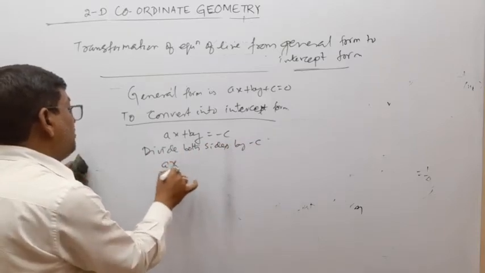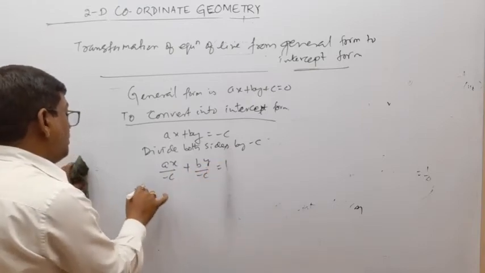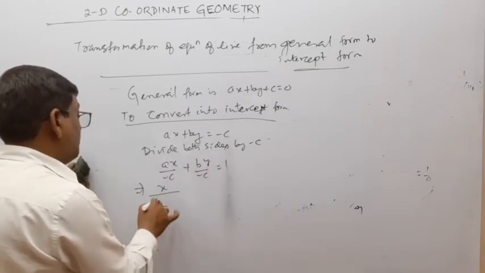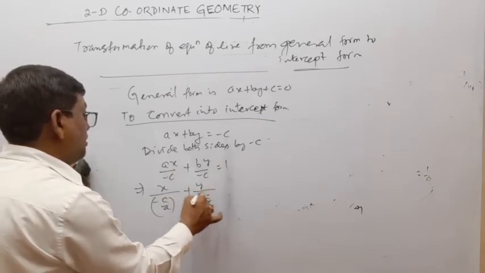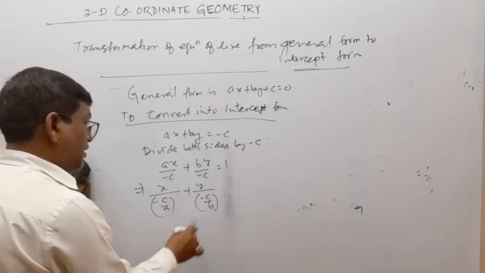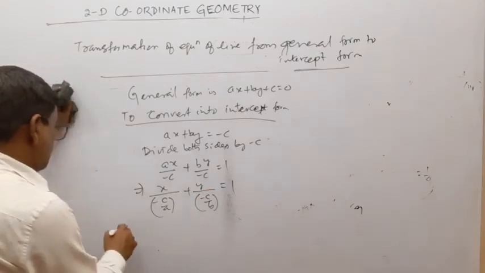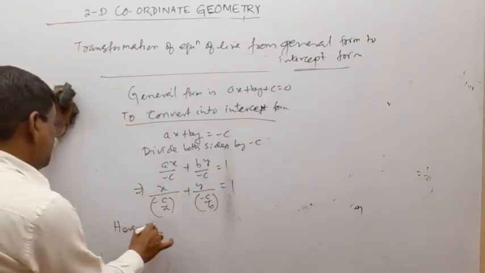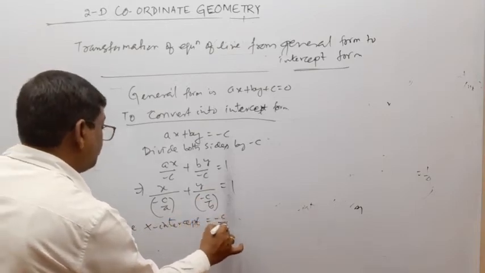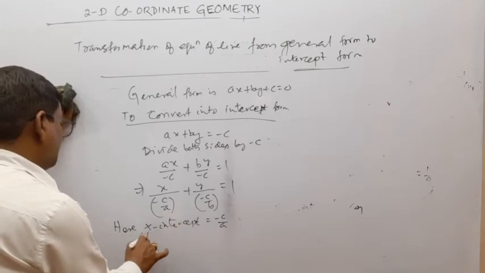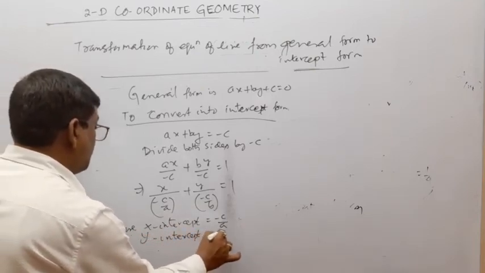So ax by minus c plus by by minus c is equal to 1, or this can be written as x by minus c by a plus y by minus c by b is equal to 1. Now the x intercept is equal to minus c by a, and the y intercept is equal to minus c by b.